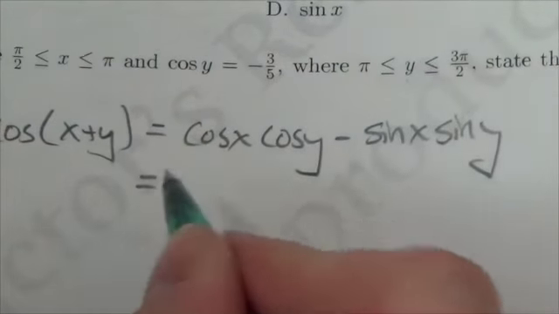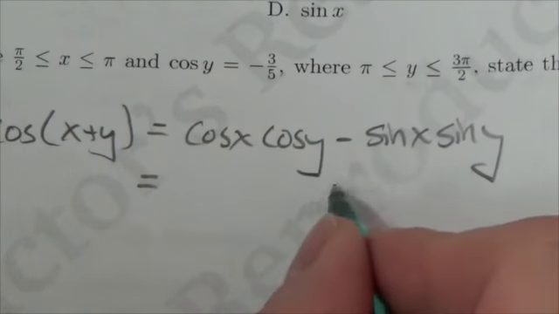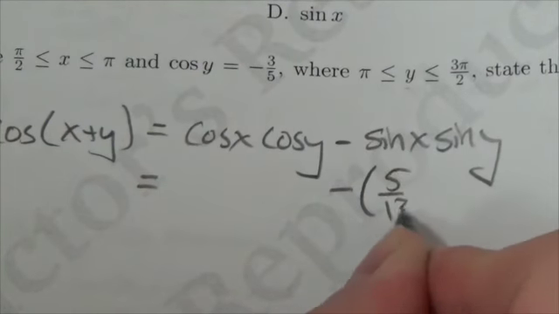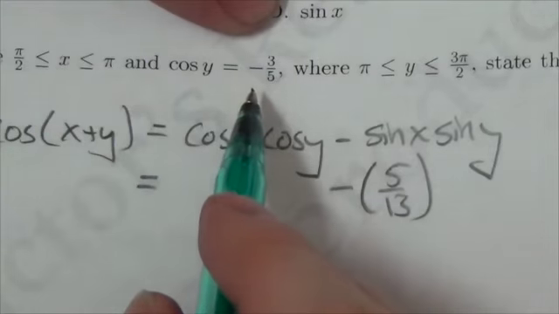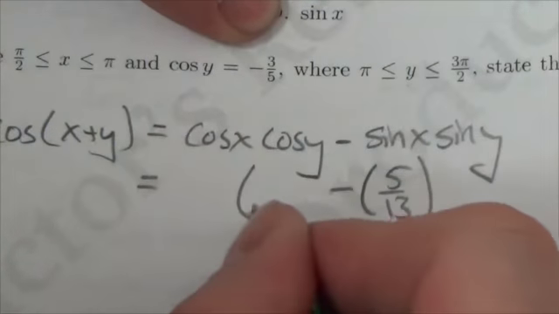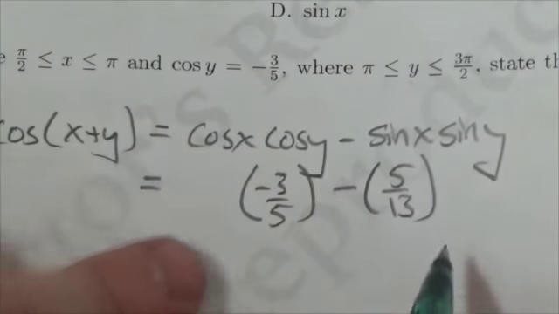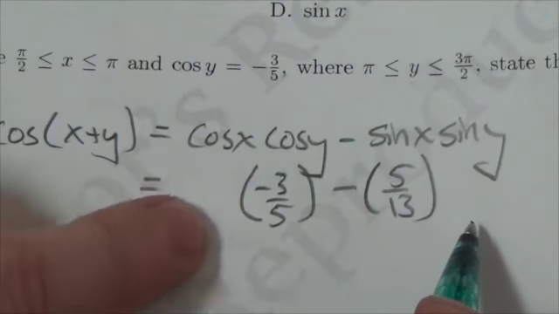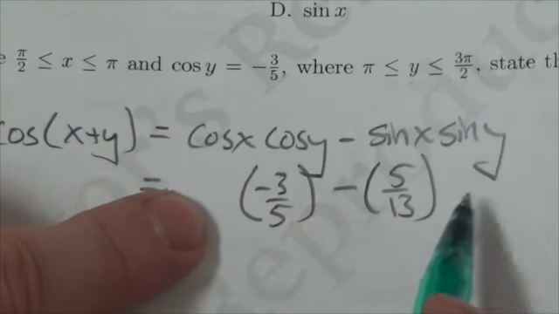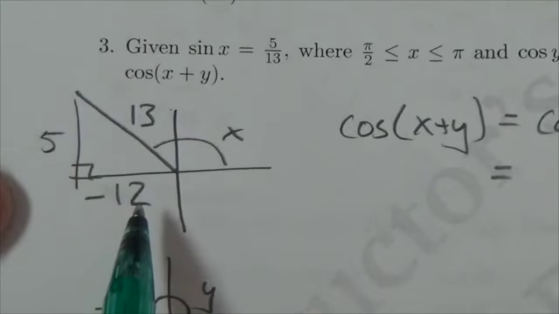Now in this question, we know the sine of x is 5/13, and we know the cosine of y is negative 3/5. And now it should be clear why they gave us that initial information, because I don't know the cosine of x and I don't know the sine of y. So I come over to my diagram here and I can take a look.